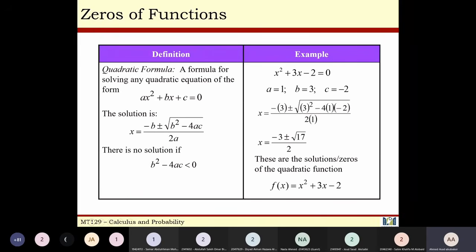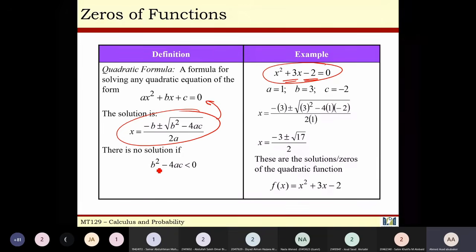Sometimes we have the quadratic equation but cannot find the two numbers, the product negative 2, the addition plus 3, for example. So we can use the quadratic formula to solve the quadratic equation. So this is the formula to solve any quadratic equation.